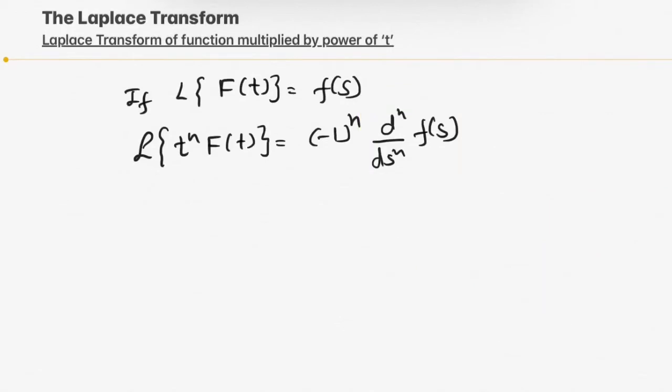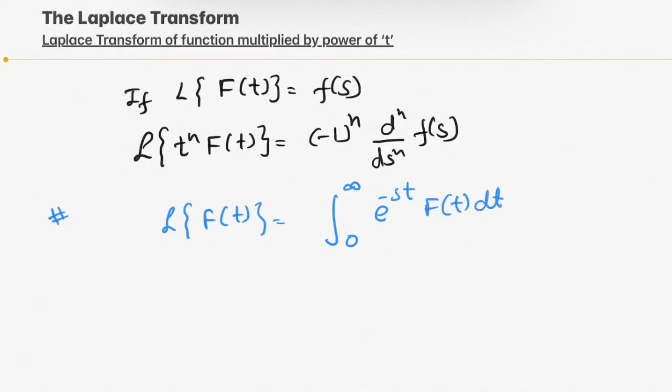So let's start. By definition we know that the Laplace transform of f(t) is the integral from 0 to infinity of e^(-st) f(t) dt. And here the Laplace transform of f(t) is F(s).